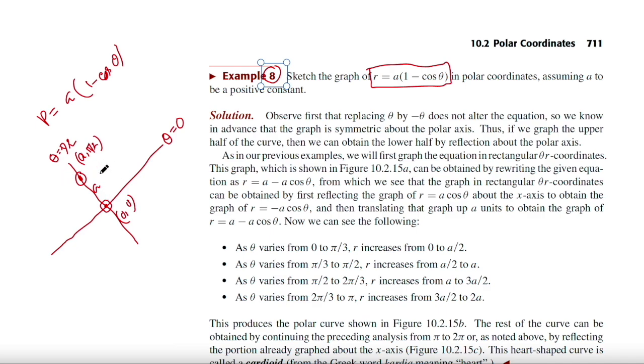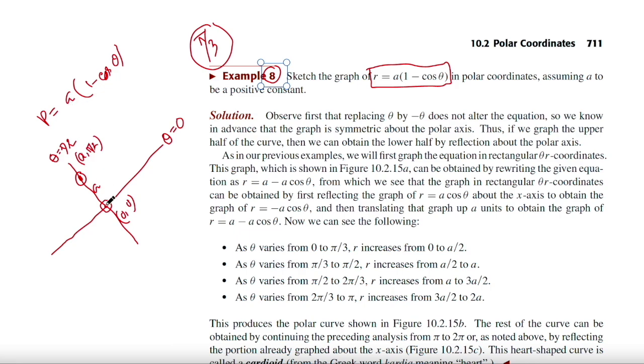Now what happened in this area? To know that, we need to consider theta equal, for example, what? Let us consider pi by 3, because cos pi by 3 equals half, and 1 minus half equals half a.